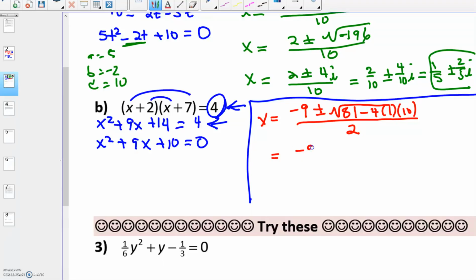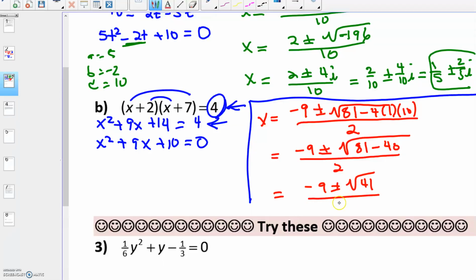So that's going to be negative 9 plus or minus the square root of 81 minus 40 all over 2. So negative 9 plus or minus the square root of 41 over 2. That looks odd to me, so double check it. Make sure I did my arithmetic right. But I do know the first part of it is right, so double check that to see.